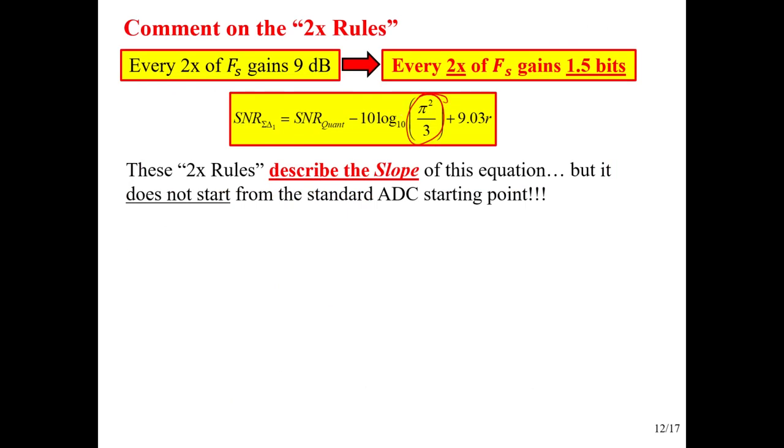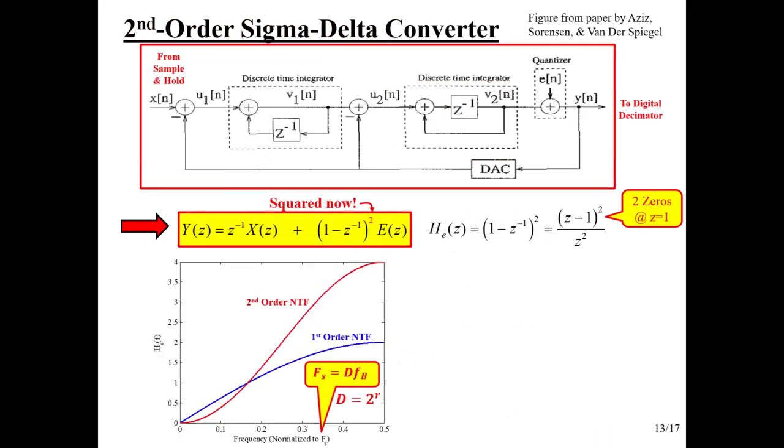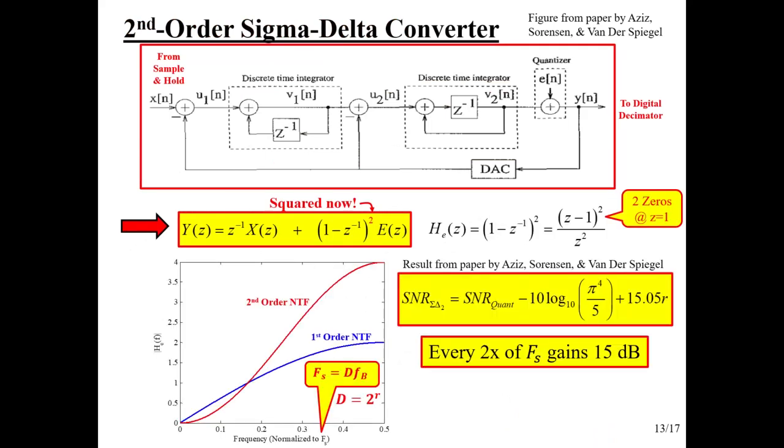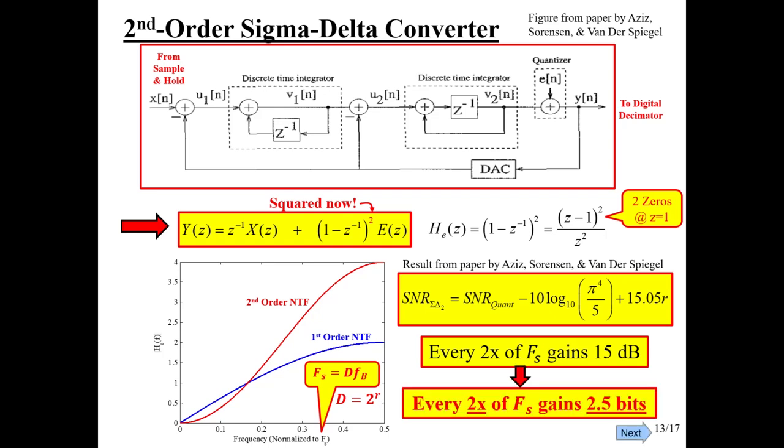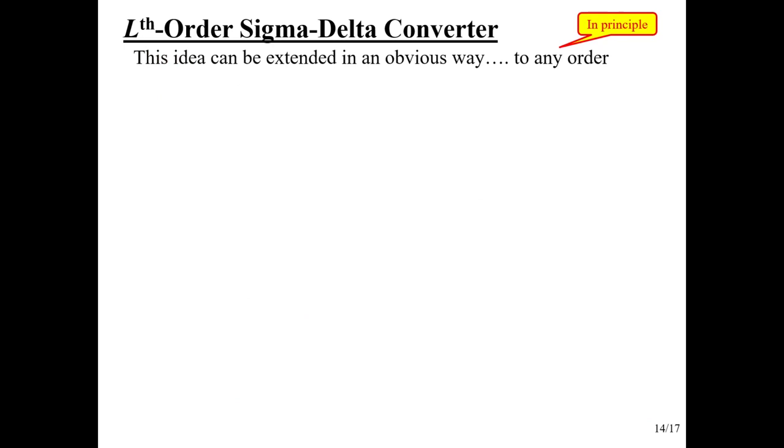So we pay a higher penalty, but we get a faster payback. So now we get a gain of 15 dB for every doubling, and that's like 2.5 bits for every doubling of FS. That's actually a pretty good trade-off.